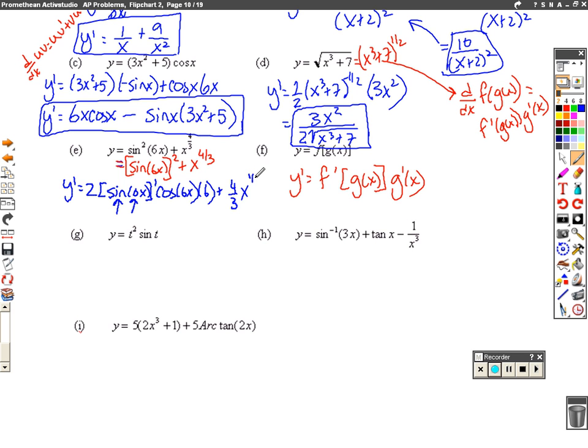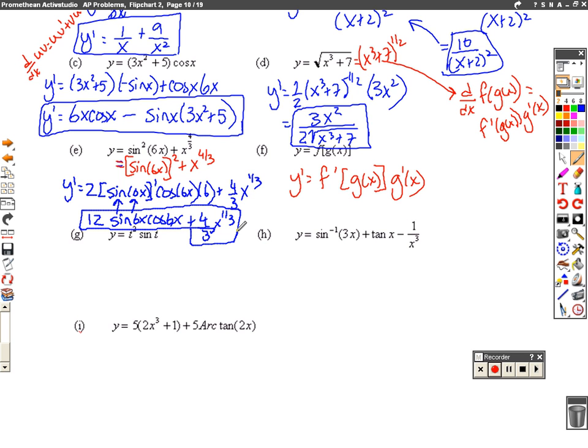So that would just be 1/3. If we put it all together, we've got a 2, we've got a 6, so we've got 12 sine 6x cosine 6x plus 4/3 x to the 1/3.